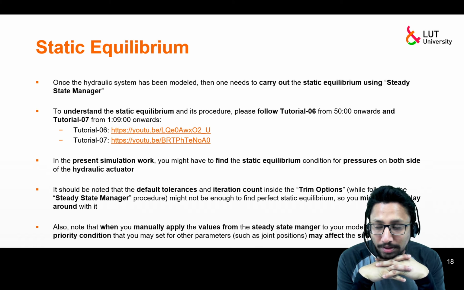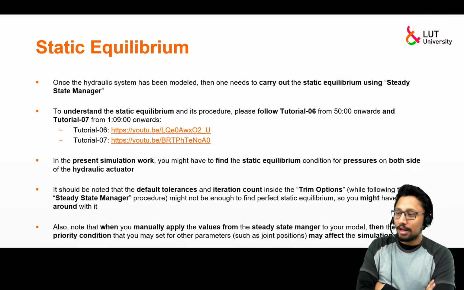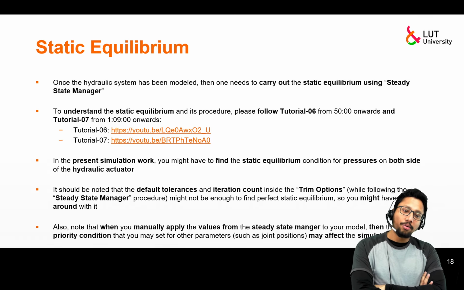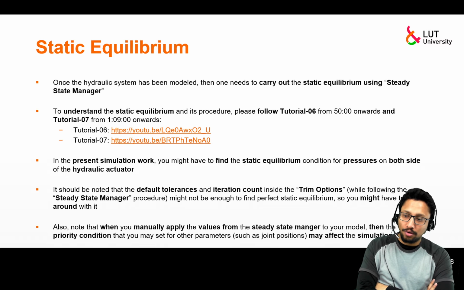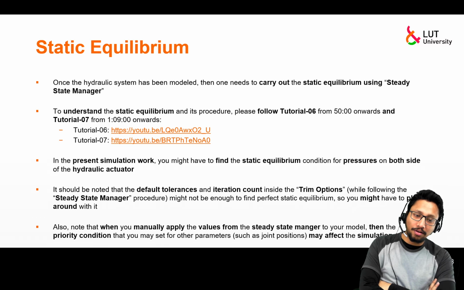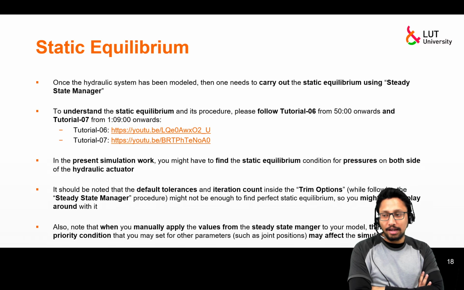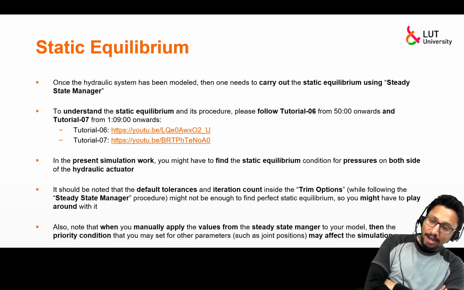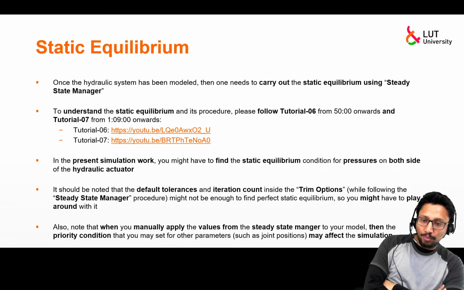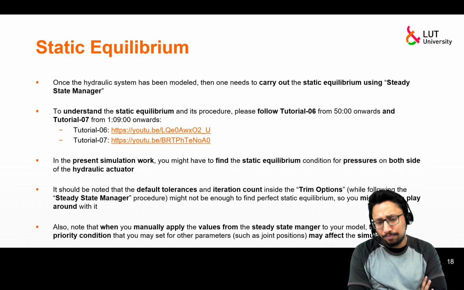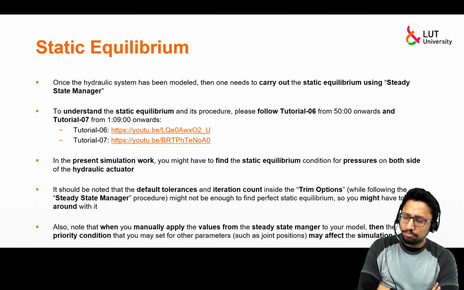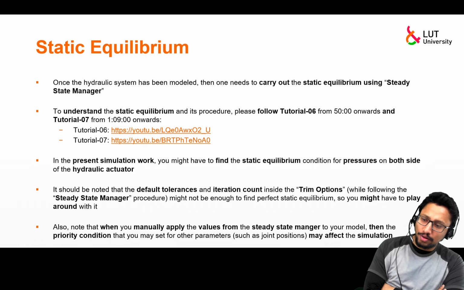Also remember that the default tolerances and iteration count inside the trim options might not be enough to find perfect static equilibrium. So you might have to play around with those values, but I think the default values might work for you.